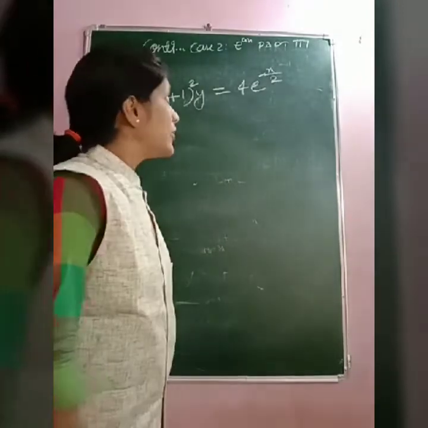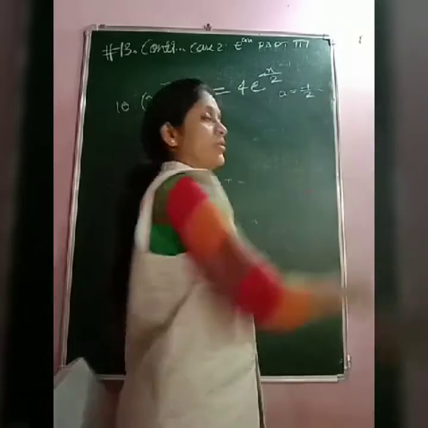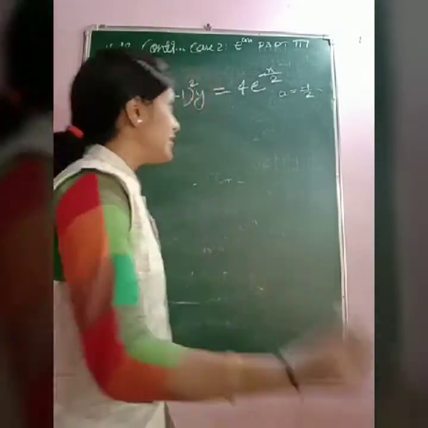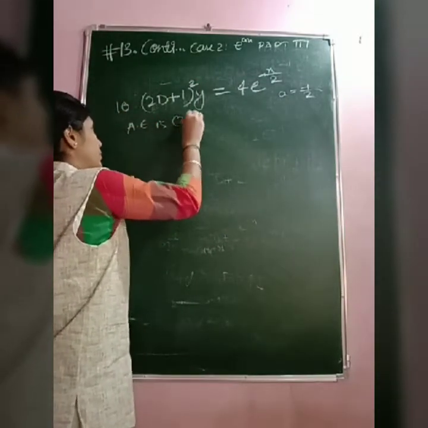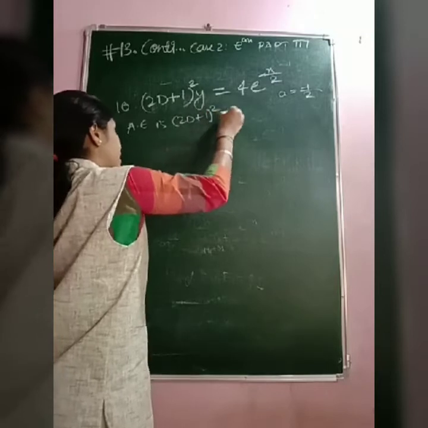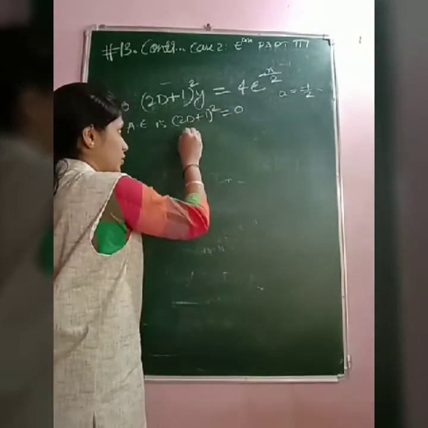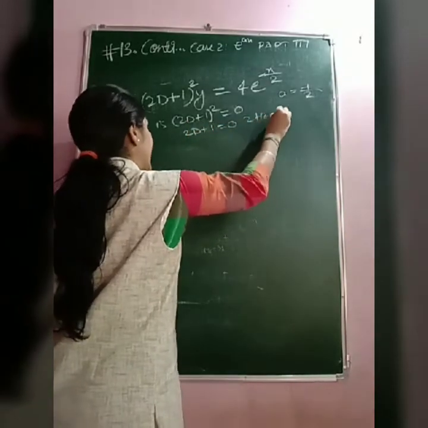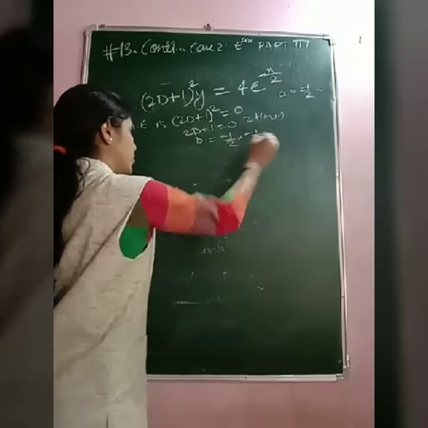So again, what is the value of a here? −1 by 2. So directly it takes the form CF plus PI. CF, considering the auxiliary equation: (2D + 1)² equal to 0. What is the meaning of this? 2D + 1 equal to 0, two times. So what can we write? D equals −1 by 2, −1 by 2.